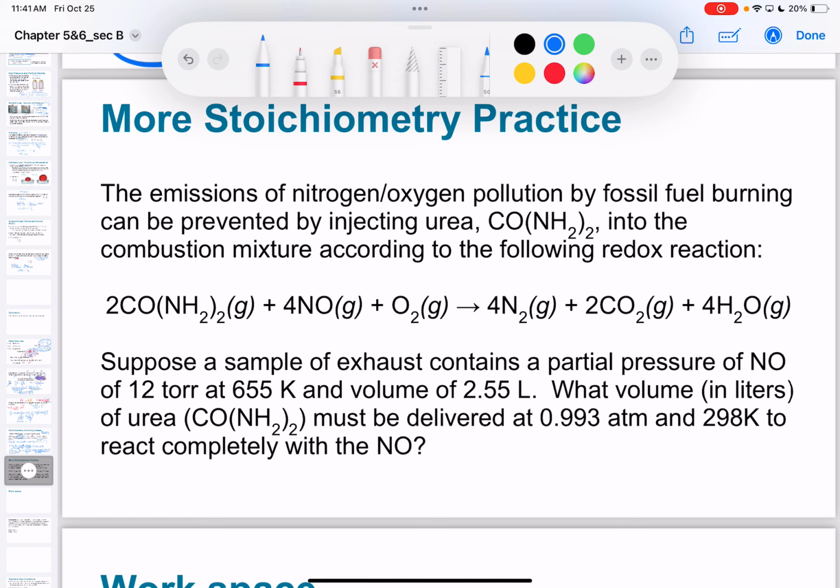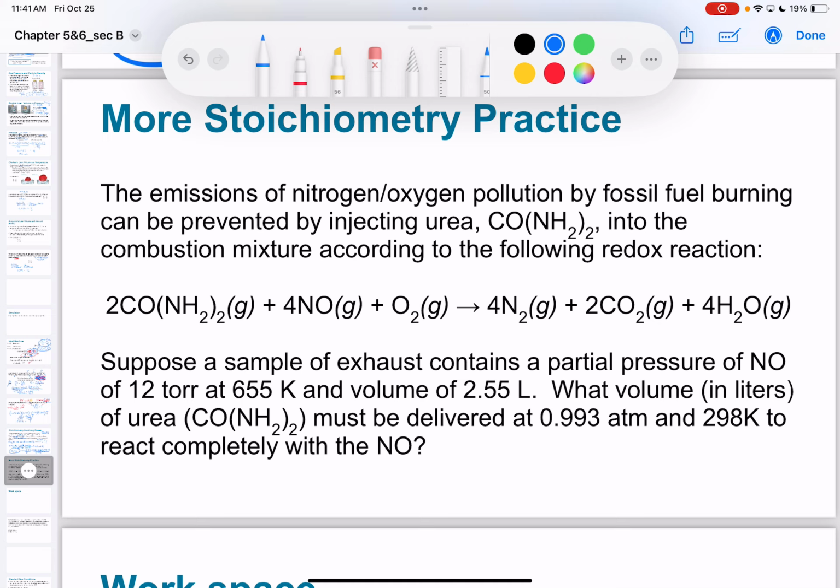And maybe let me throw this warning out there. There are 2 pressures here and 2 temperatures. You might initially think, oh, this is a change. I can just do the 1 and 2. That will not work in this instance because it's a balanced equation. These are volumes and pressures of one gas and then volumes and pressures of a different gas.